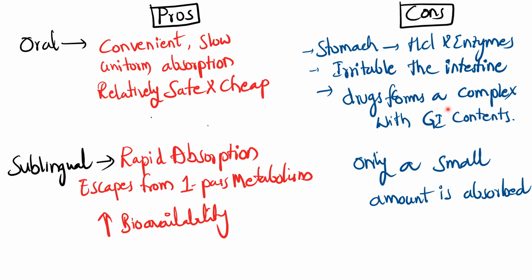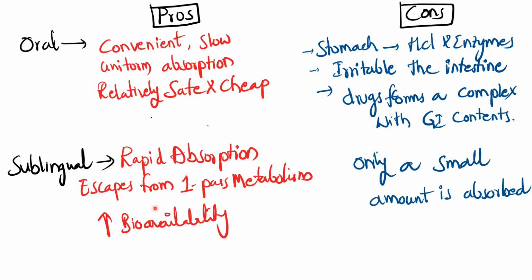Sublingual. Nitroglycerin is an example of a drug that is administered sublingually. The tablet is placed under the tongue and allowed to dissolve. The medication is then absorbed directly into the systemic circulation through the mucous membrane in the mouth.